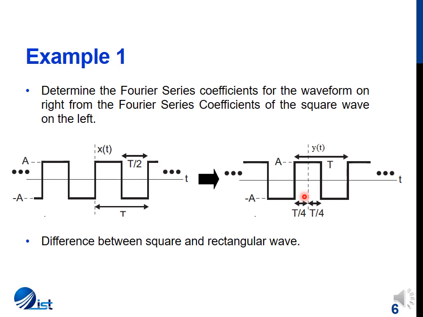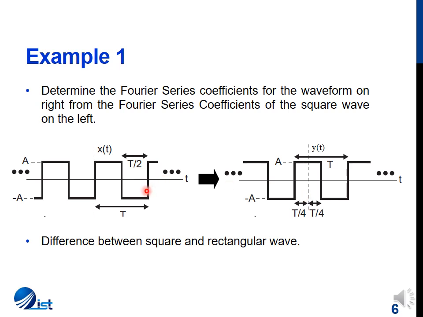If, for instance, you have a waveform where the positive amplitude exists for more or less time than half the time period, then it will be called a rectangular wave. I don't know whether you have studied it in electronics or not, but when the positive amplitude is equal to the negative amplitude, it is also known as having a 50% duty cycle.